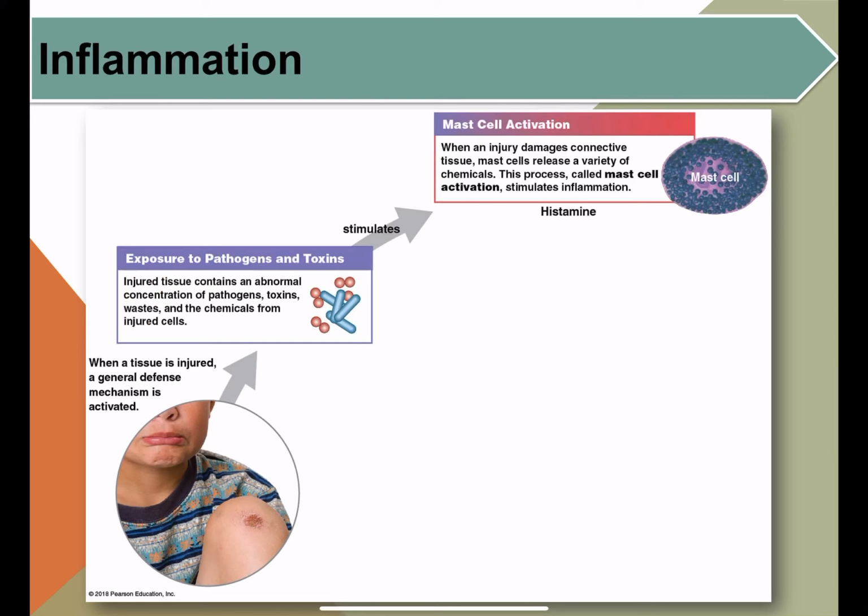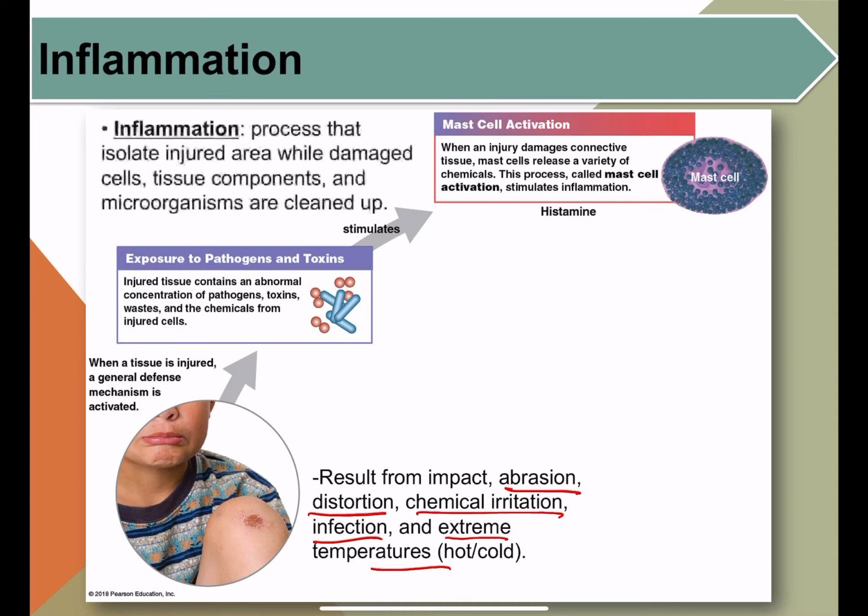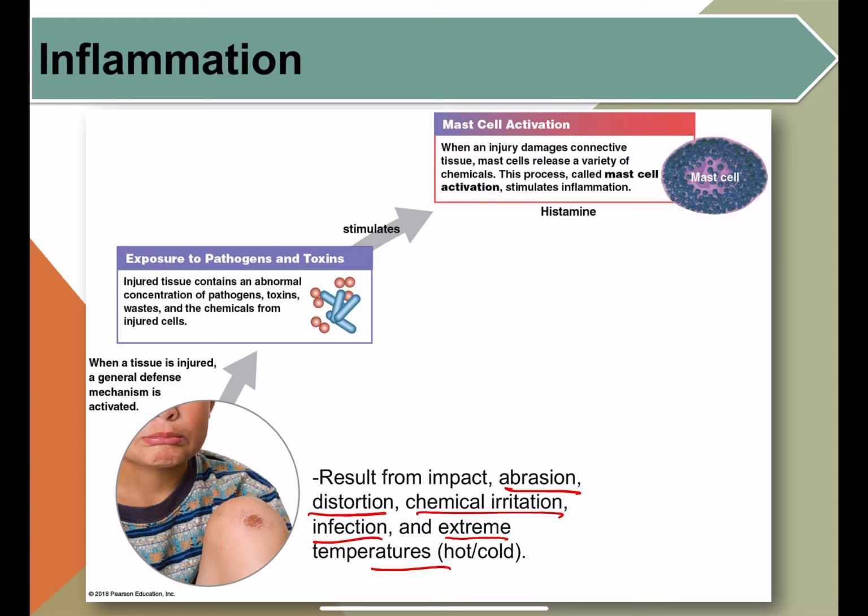Okay, so the last topic in this chapter is the process of inflammation in tissues. So when a tissue is injured, for example after impact, any type of abrasion, distortion, chemical irritation, infection, or you accidentally touch something that's extremely hot or extremely cold, both of which will burn your skin a little bit, all of those can result in exposure to pathogens and toxins in a sense, which then will activate mast cells.